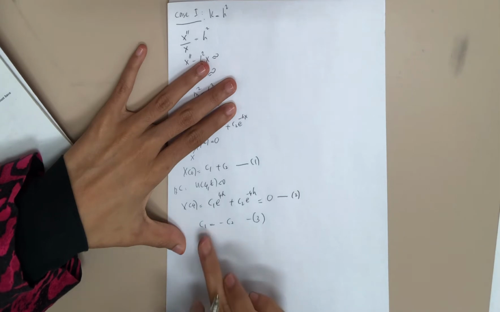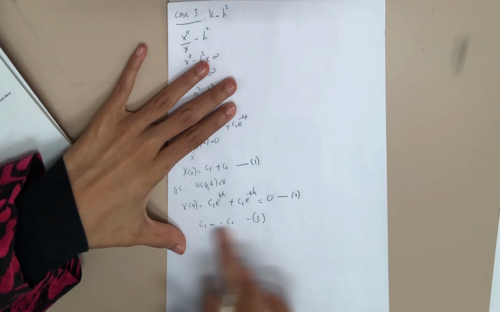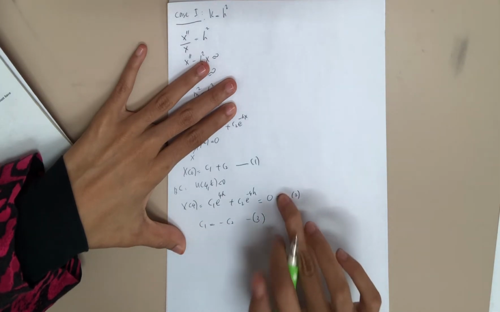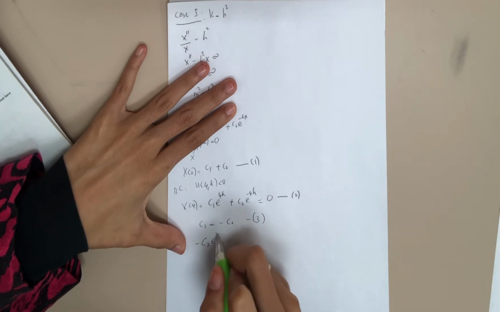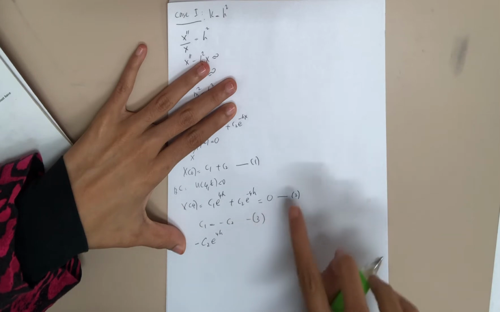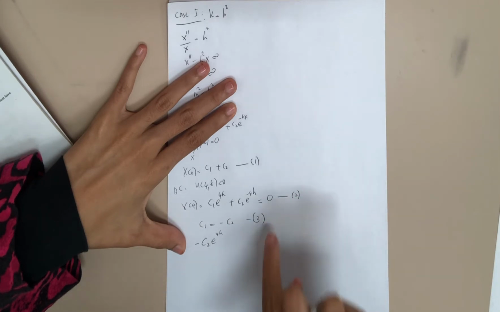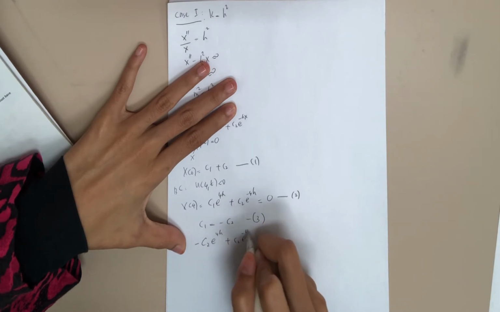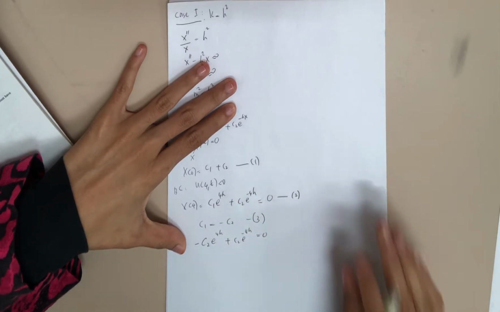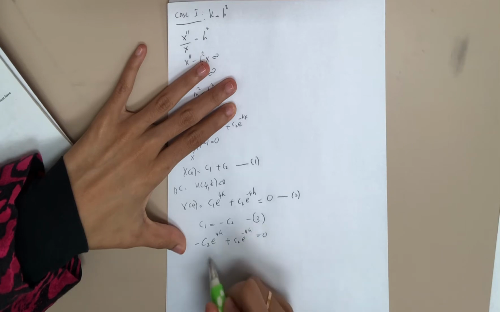What I will do is substitute equation 3 into equation 2. So C1 now I replace with negative C2. Then I factorize C2.